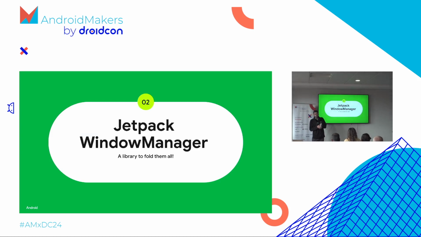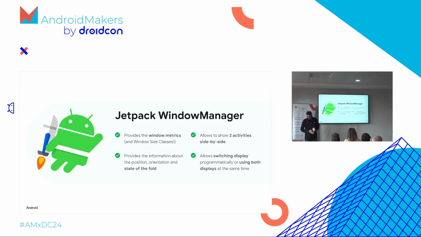As I said, Jetpack WindowManager is probably the most important library that you need to know when developing for different form factors. Why? It gives you information about the window metrics and also the window size classes, which is a concept that we are going to explore a little bit later. But the window metrics, why are they so important? Because you cannot rely anymore on the screen metrics.